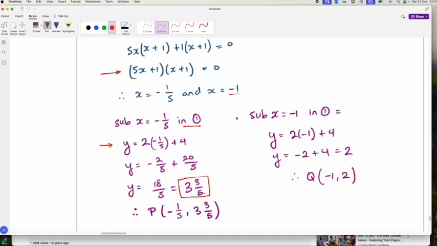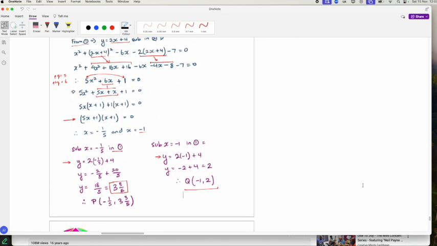And then we have this one here, which is x is equal to negative 1 in equation 1. So 2 times negative 1 plus 4, that gives us all of this here. So I have the first point being P and Q. I guess you could have named it the other way as well, and it wouldn't really matter.